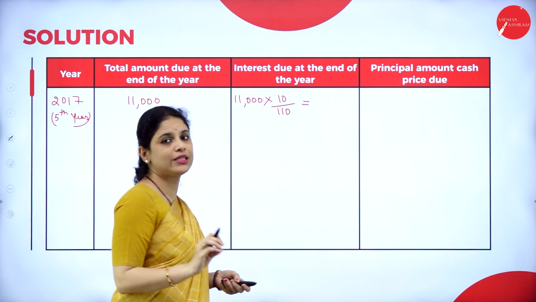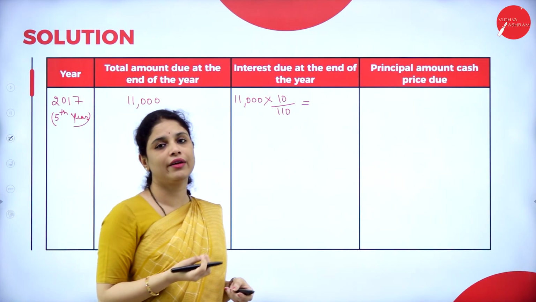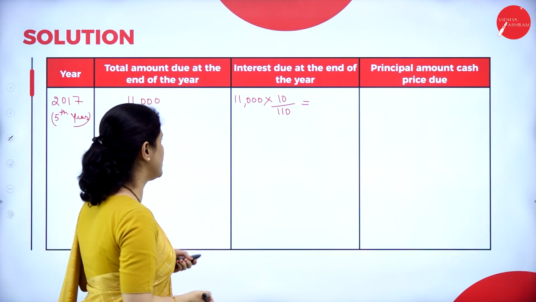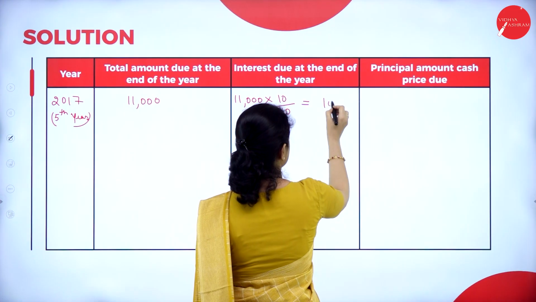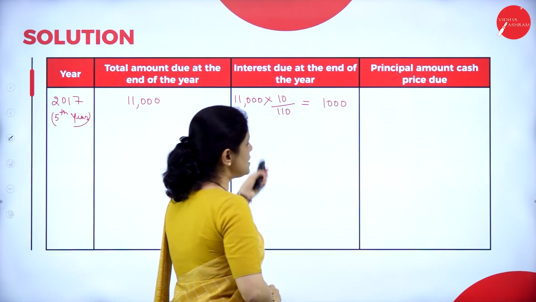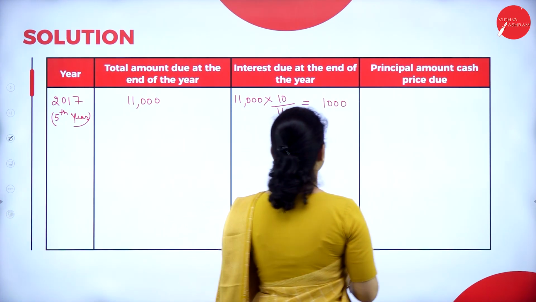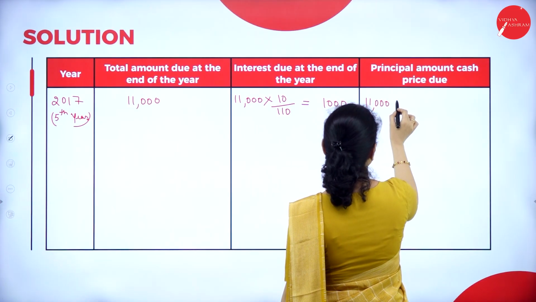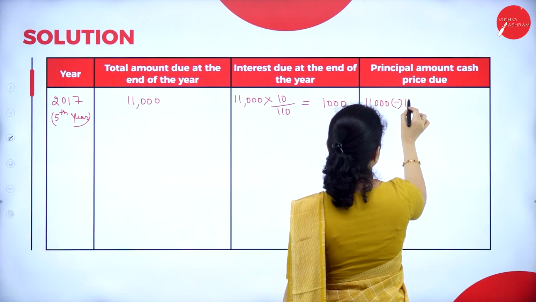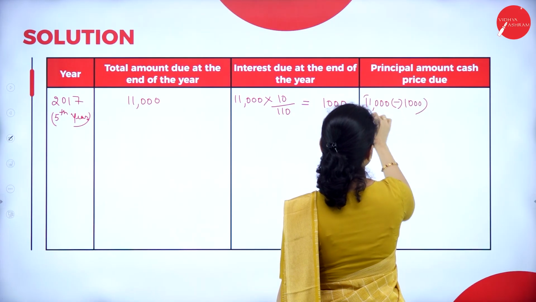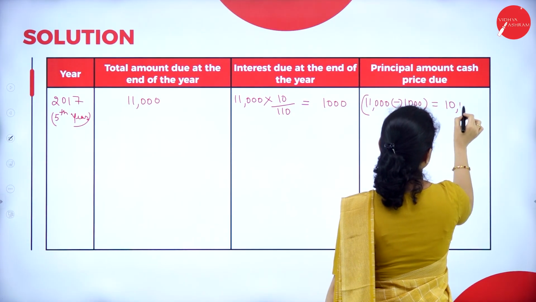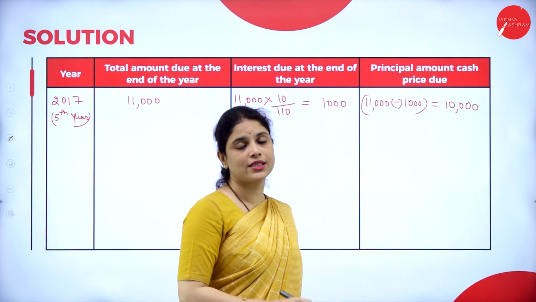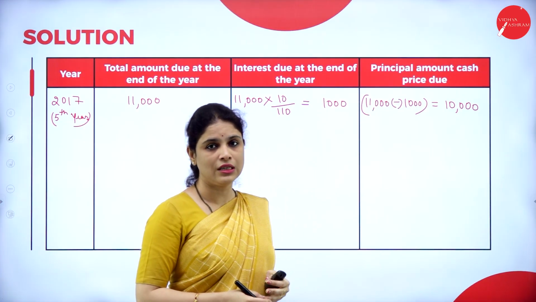If 20% were the rate of interest, then 20 divided by 120. So it will be 1,000. So how do we calculate the principal amount, the cash price due? 11,000 includes the interest. That's why we have to deduct the 1,000 interest from that. So 10,000 is the cash price for the last year.